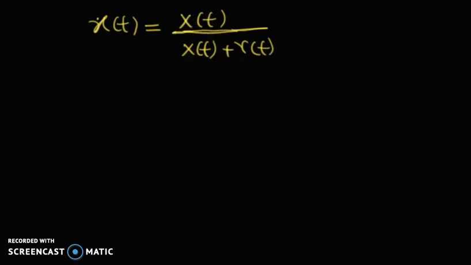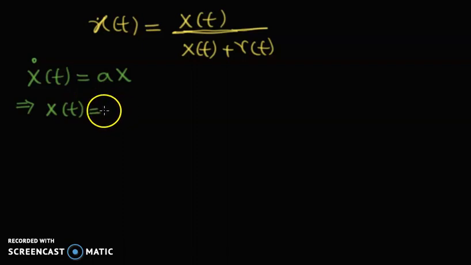But we also know that X dot of t is equal to a times X. You can solve this simple differential equation, and you will get X of t equal to X naught times e to the power a t, where X naught has to be positive.